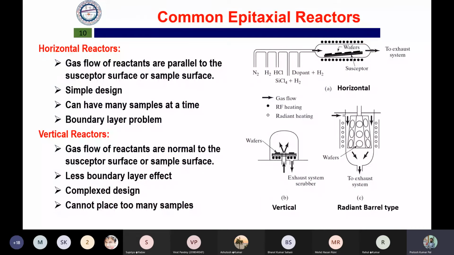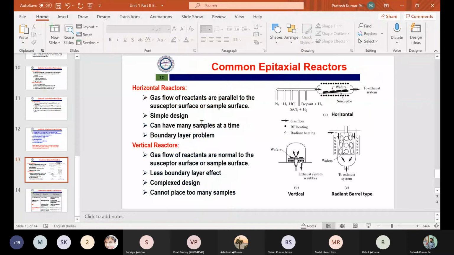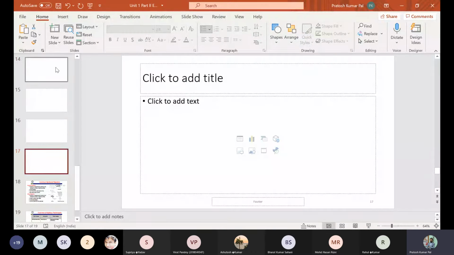Okay, so in case of vapor phase epitaxy, different components are used, like the reactant, that is in the form of gas, and there is a reactor that we require, and the substrate, or we call it the sample, on which the vapor phase epitaxial layer should be grown.